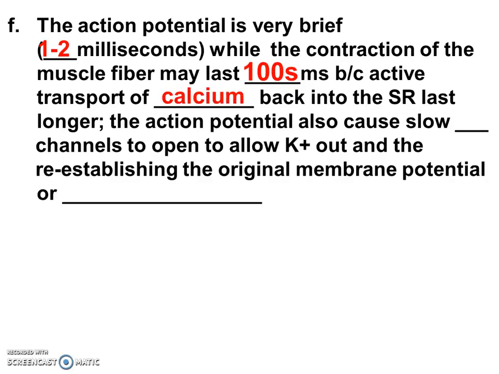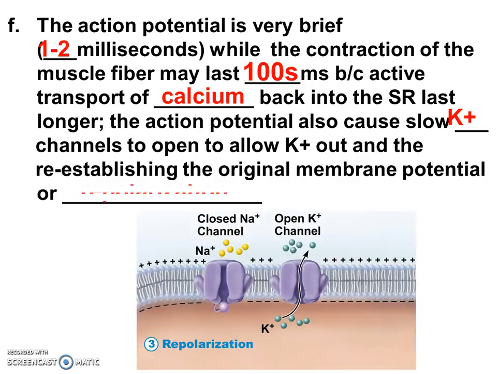So the muscle fiber contracts for longer than the excitation from the neuron because calcium has to be pumped back into the sarcoplasmic reticulum. The action potential also causes slow potassium channels to open, and so now potassium, which is also positively charged, will rush out of the cell, and you'll establish negative on the inside, positive on the outside once again.